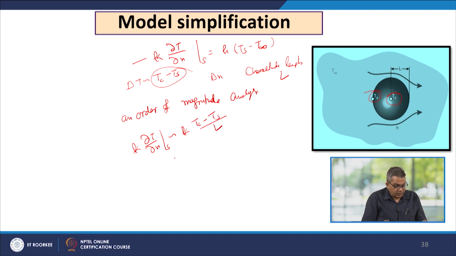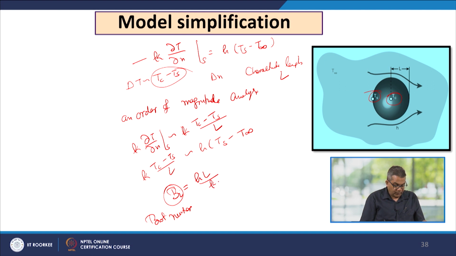Now, reducing the problem to K (Tc minus Ts) over L equals h (Ts minus T infinity), or in a more convenient way, Bi is equal to hL over K, times (Tc minus Ts) over (Ts minus T infinity).